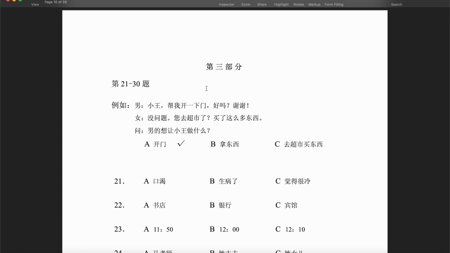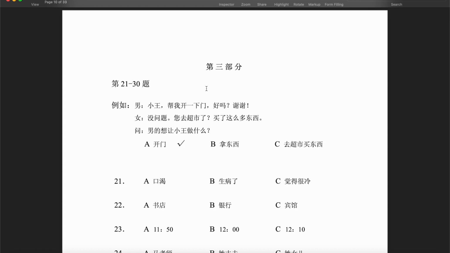You cannot just focus on the 300 Chinese characters which are there in level 3. You need to know the previous 300 as well. That's why I was telling you the total of 600 Chinese characters you should be familiar with.